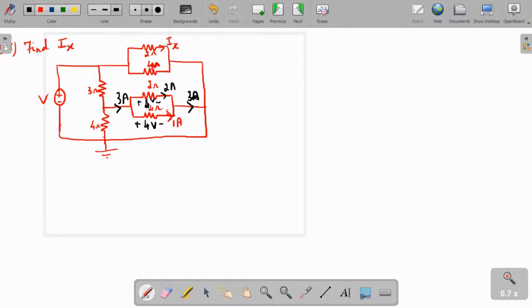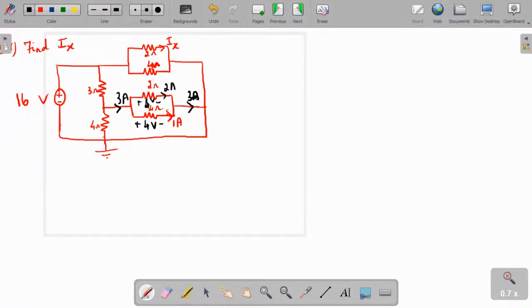So here, if you are getting 3 ampere current, I think in the question V is given to be 16 volt. I missed the data in the question. You are given V is equal to 16 volt.